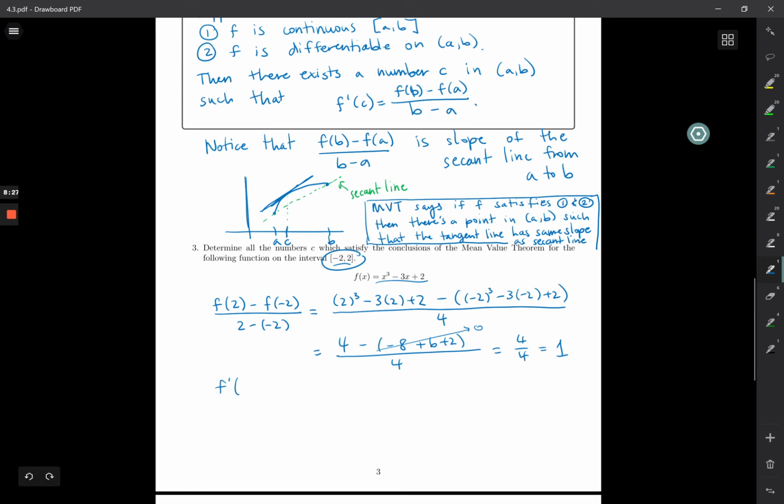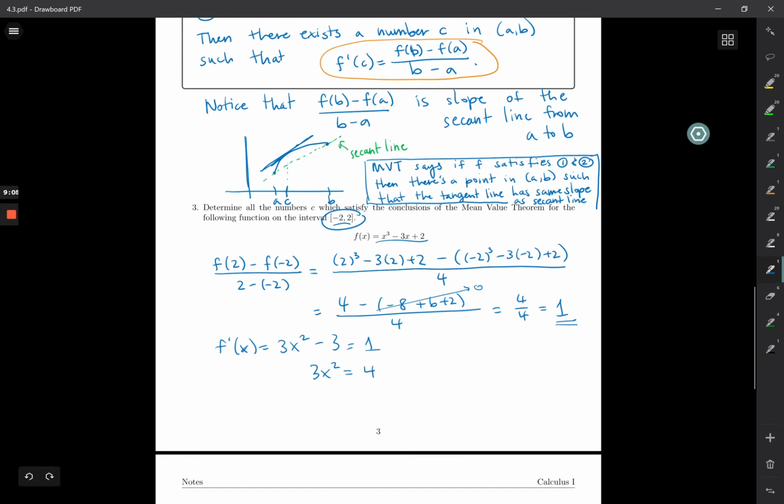And so next we want to find the derivative. So this is just going to be power rule, 3x squared minus 3. And when we want to find numbers that satisfy the conclusion is right up here. That numbers that when we plug them into the derivative are equal to the slope of the tangent line. So we'll just go ahead and set this derivative that we found equal to the slope of the tangent line that we also found, or sorry, secant line that we found, and then solve this.